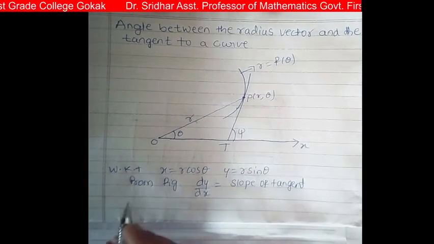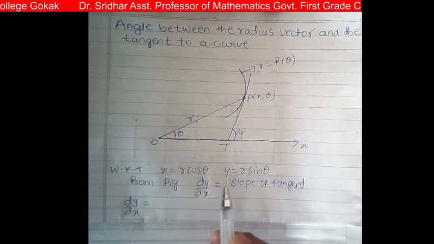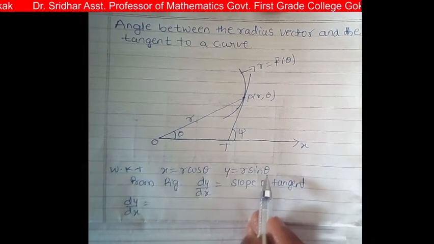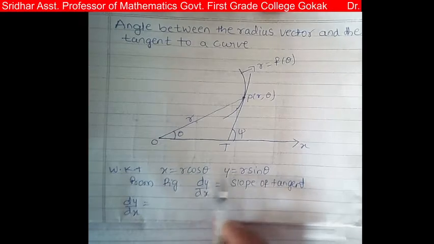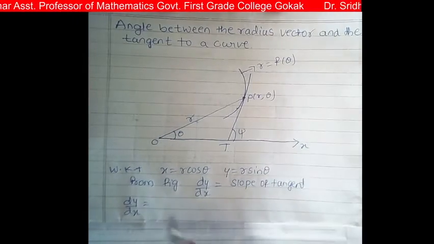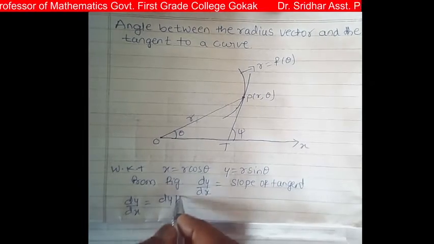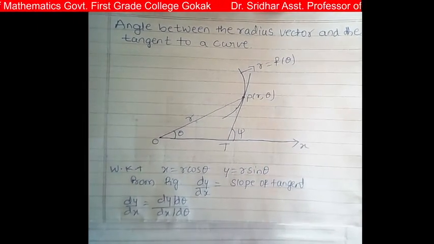Now to find the slope of the tangent, in this case y and x are represented in another variable, that is theta. So here we are applying the parametric form. dy by dx is dy by d theta divided by dx by d theta.